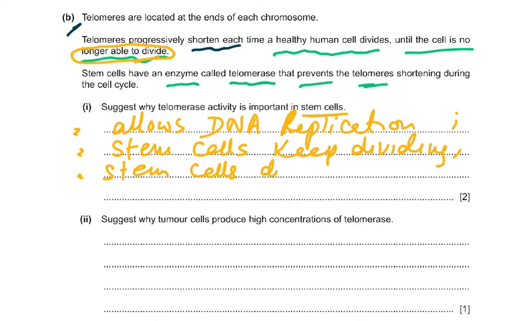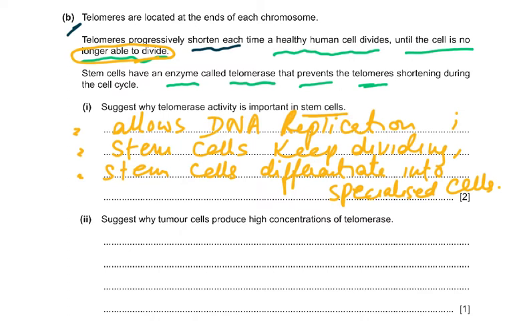Stem cells differentiate. So differentiate again is a word, differentiate into different tissues and organs of the body, into specialized cells. Differentiates into specialized cells. Like, the cells will develop into the organs of the body, arteries, veins, heart.